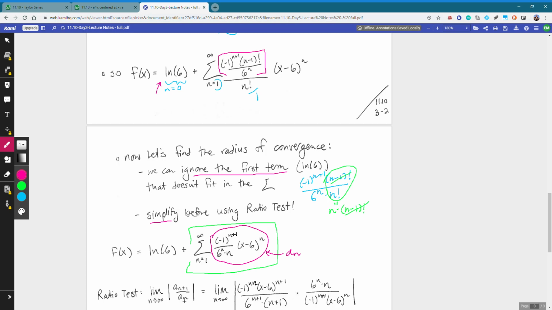It's going to take a little bit of work, a little bit of writing to figure out this thing's limit, but we can do it. Why don't you take a couple minutes now, pause the video, and see if you can work out this limit, and then see what the ratio test will tell us about the radius of convergence for our power series here.